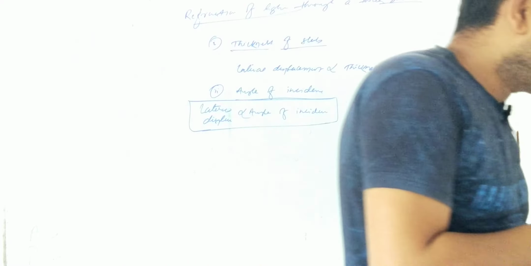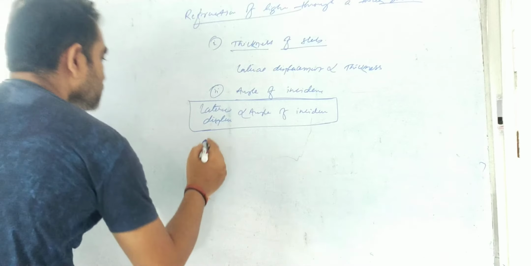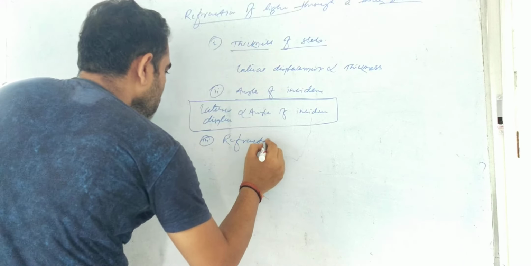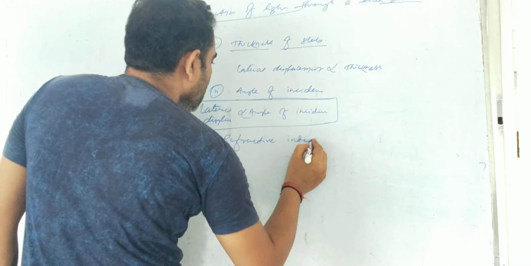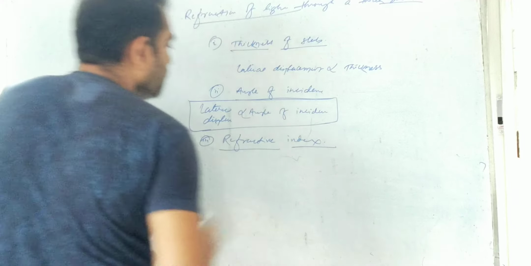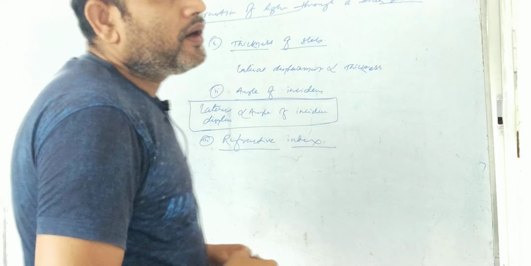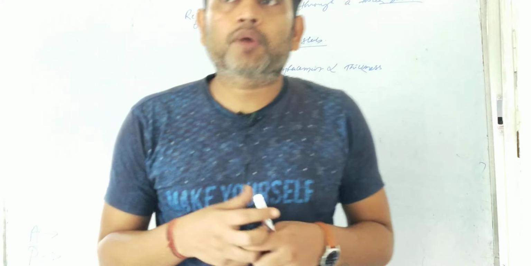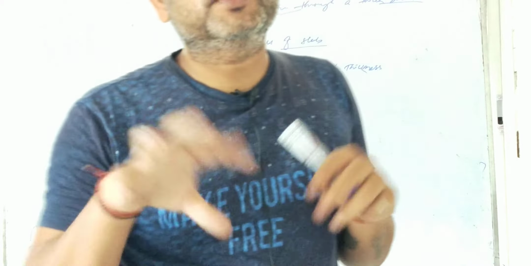And the third one is the dependence on the refractive index. The refractive index of light is such a property that influences most of the things.